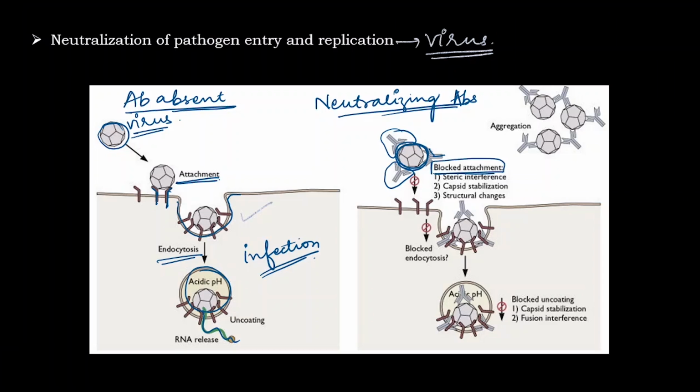First step, they have blocked the attachment. Second step, they have also blocked endocytosis, and further they have blocked the uncoating of the RNA genome. In this way, the antibodies block the viruses in different pathways, in different manners, and prevent the viruses from entering into the cell.